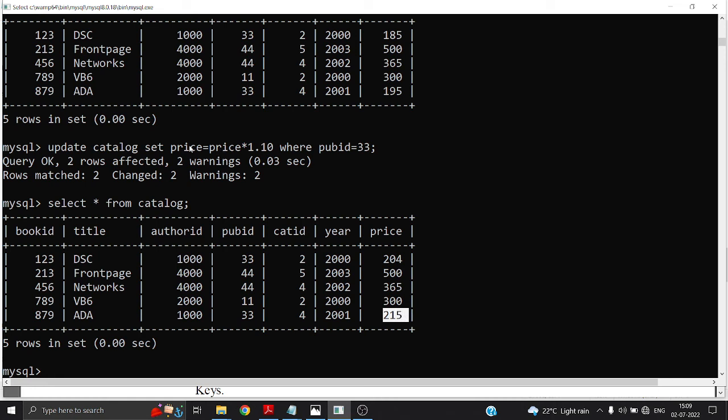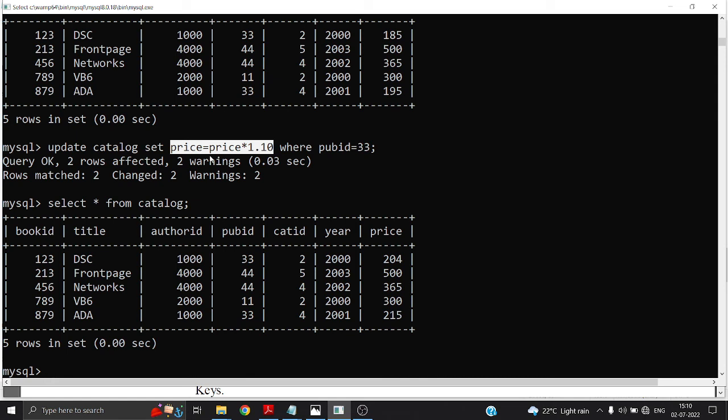Here we have the formula for a 10% hike. Normally this expression is price equal to price plus, because we are taking 10% of its price. 10% of the price, in the sense we need price equal to price plus price into 10 by 100.